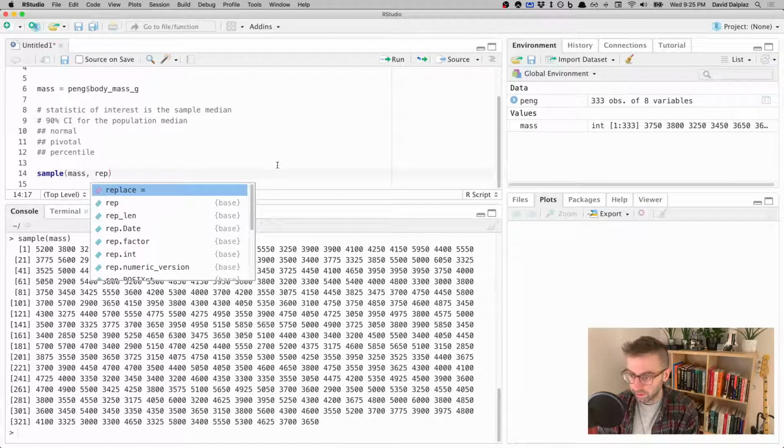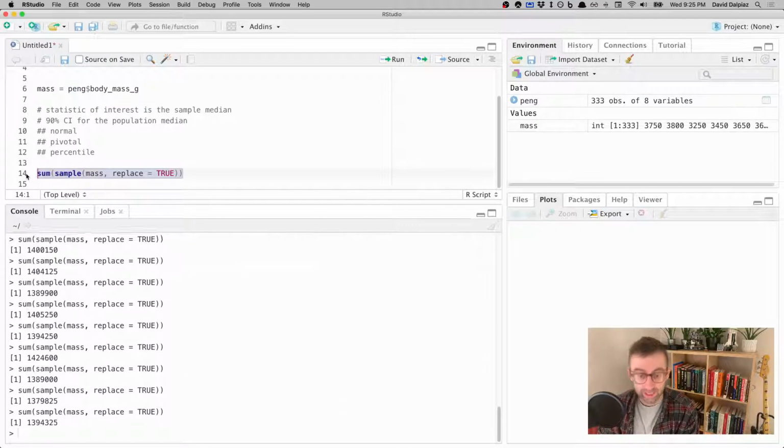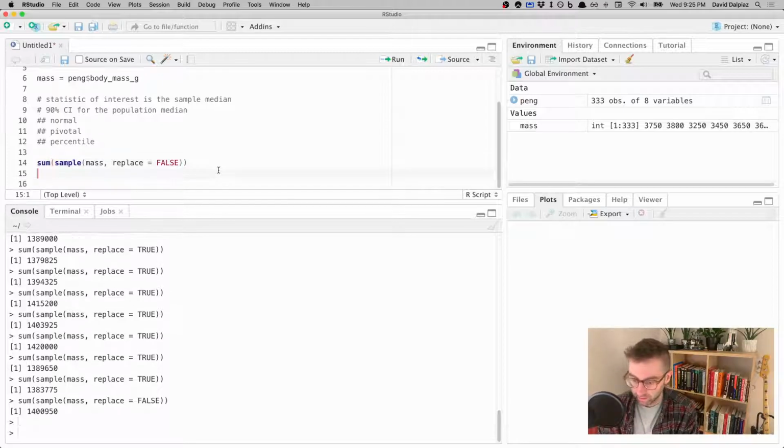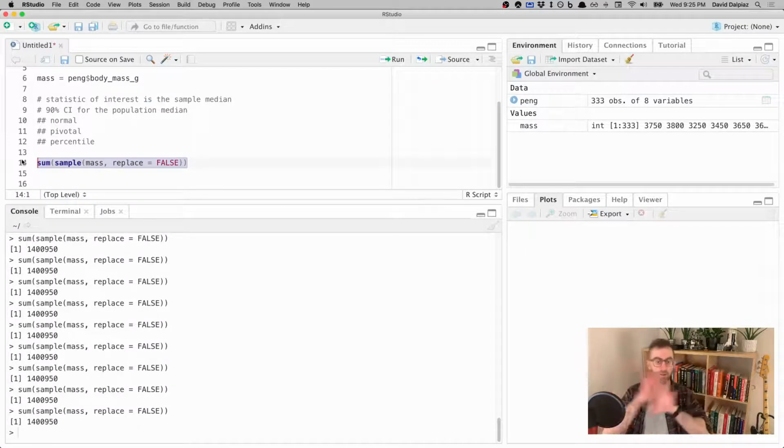So what I need to do is set replace equal to TRUE in there. Here, the way I'm going to verify to you that it's different every time is I'm going to wrap this in sum and then run it a bunch of times to see how that number's changing. If I set this to false, oops, that number's not changing, because all it's doing is shuffling the observations. It's not generating different data sets.